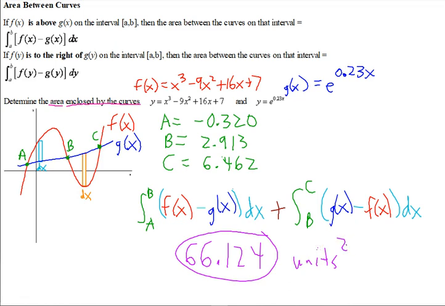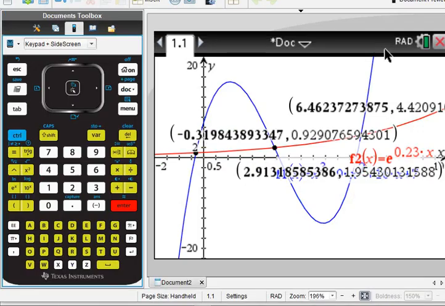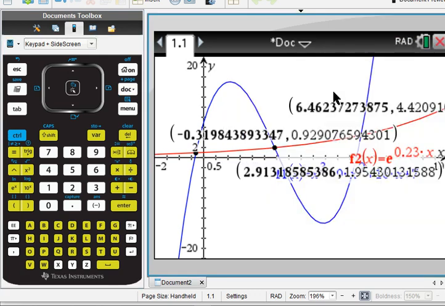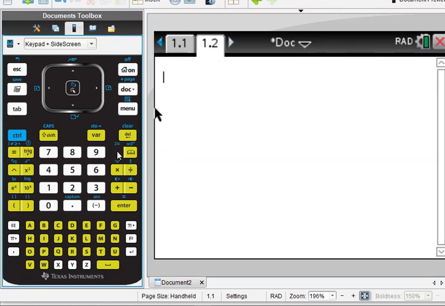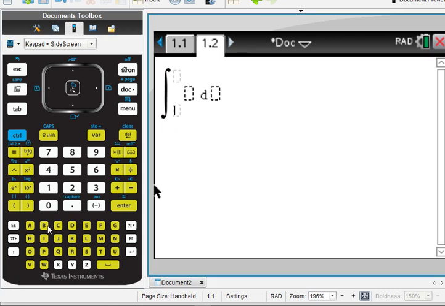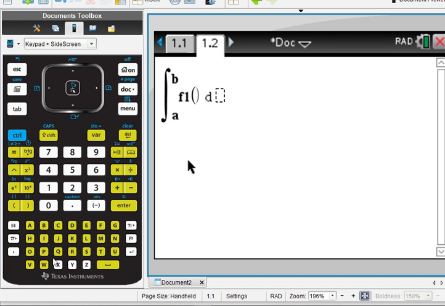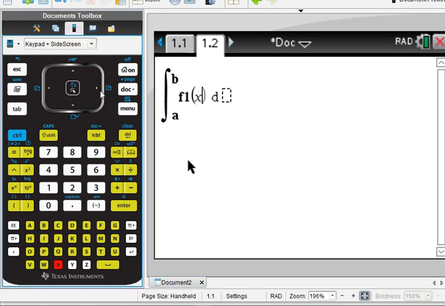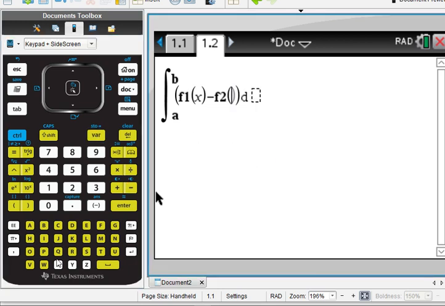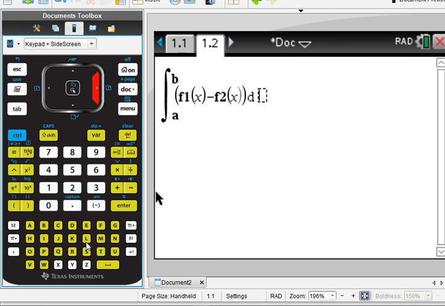And let me just confirm that on the Inspire here. Again, those of you that have a newer 84 would also see it look like this. So doc, insert calculator, and the integral's right here from A to B. Here, f of x was f1, so var f1 of x minus var f2 of x, dx.